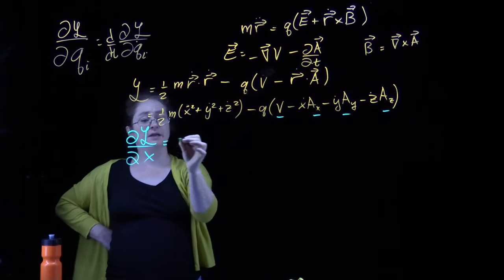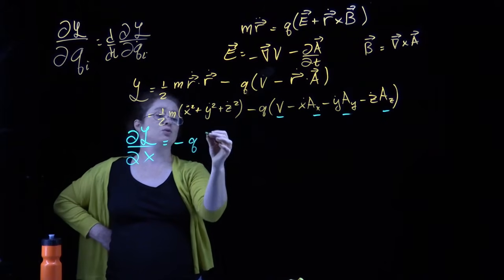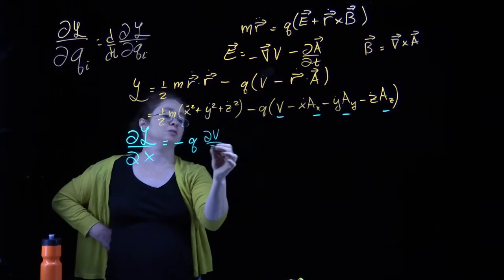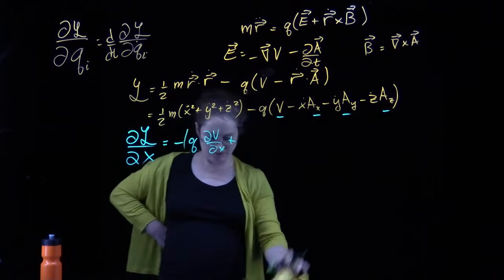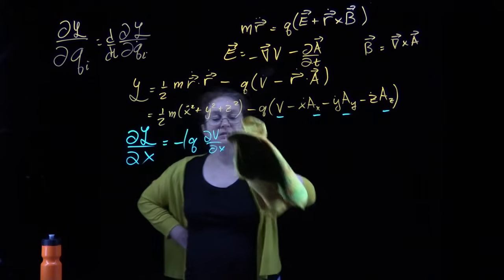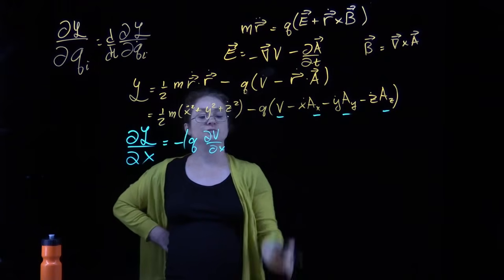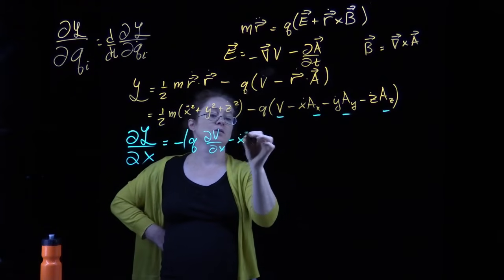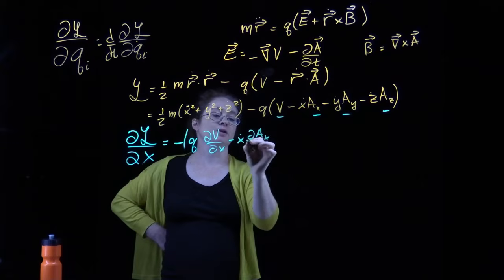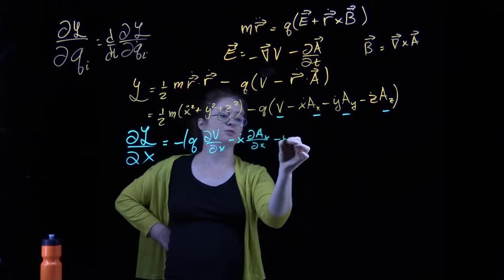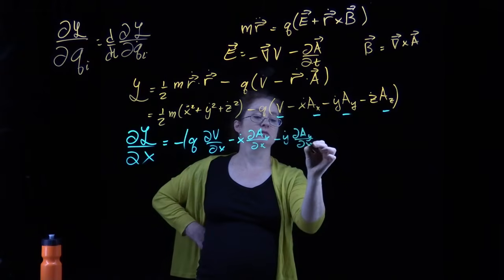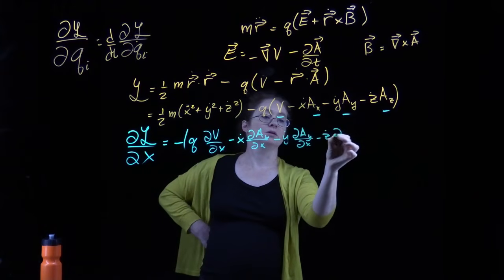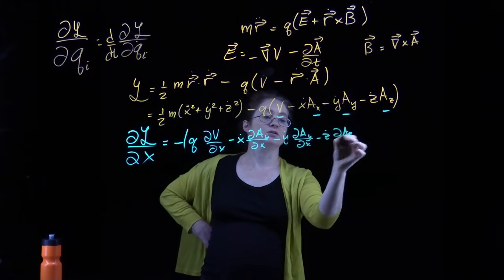So we get negative q partial V partial x, plus, well, let me leave the negative sign. Let me follow the book, not be a rogue. And then we have partial derivatives with respect to x for each of these terms.